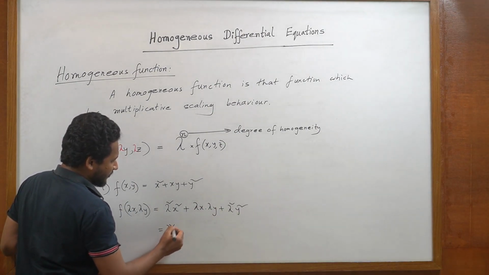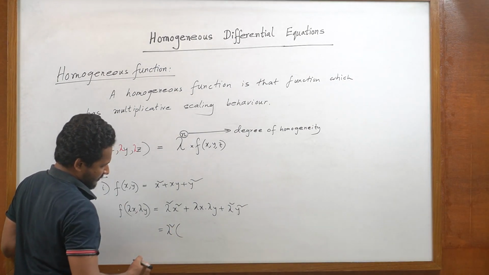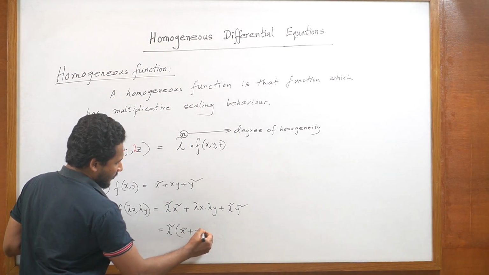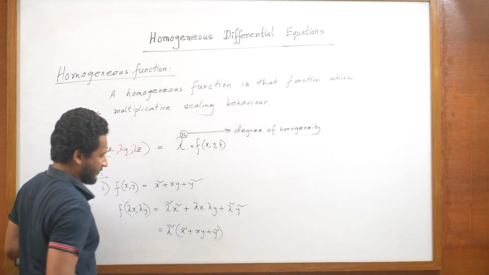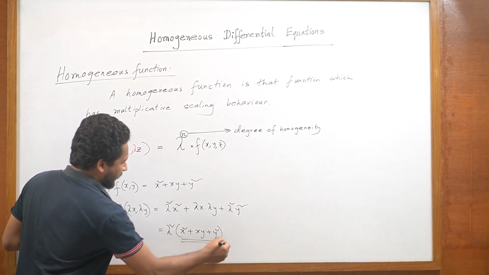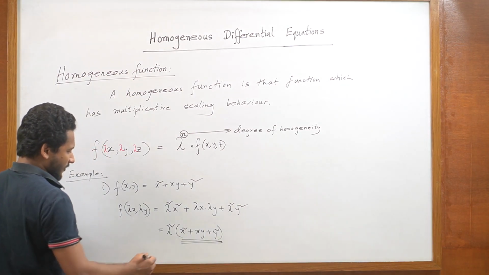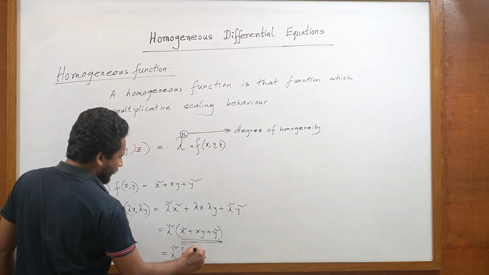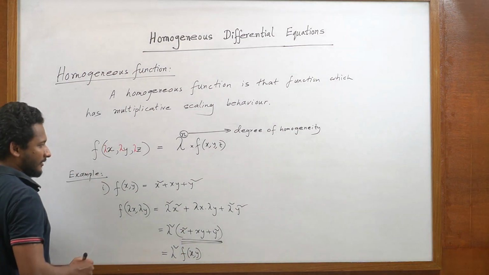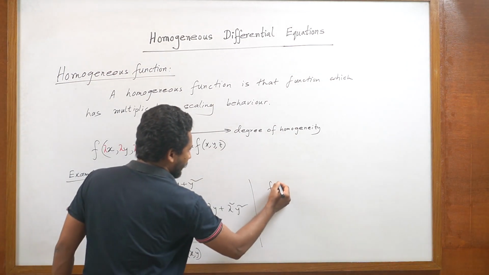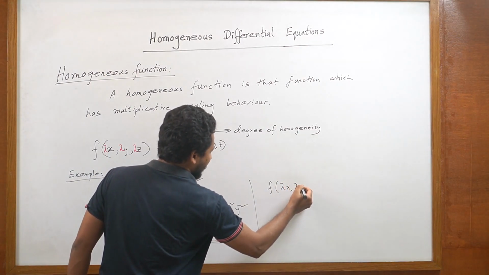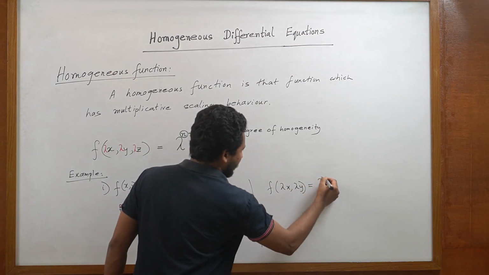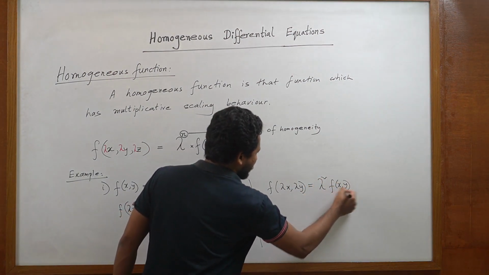Now lambda square is common, so lambda square times x square plus xy plus y square. This is the function f of x, y, so we get f of lambda x, lambda y equals lambda square f of x, y.